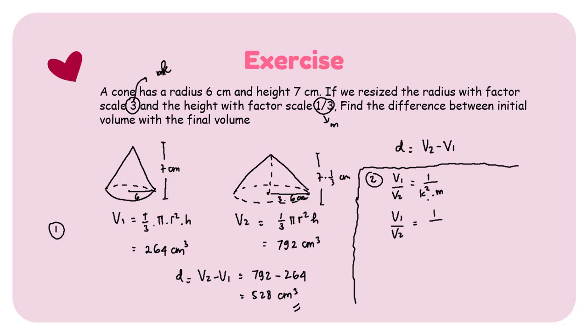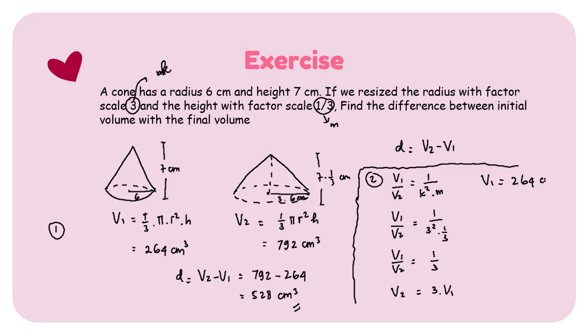We can do the substitution: 1 out of 3 squared times 1 out of 3, and later we will get the ratio 1 out of 3. So to find the second volume, we have to multiply the first volume by 3.